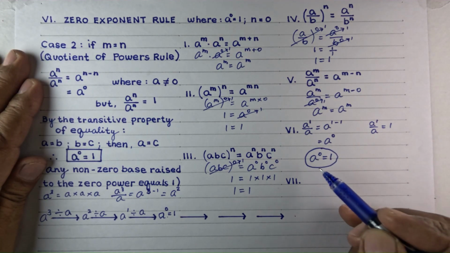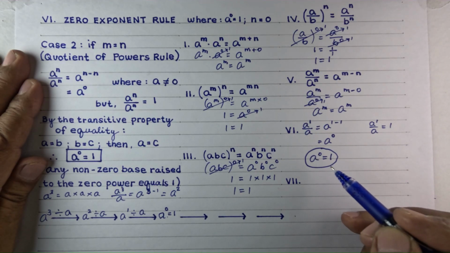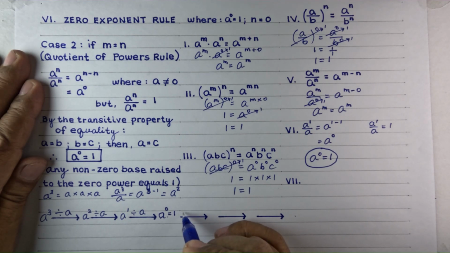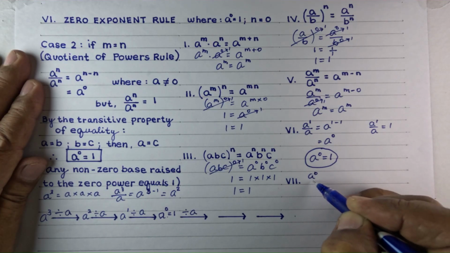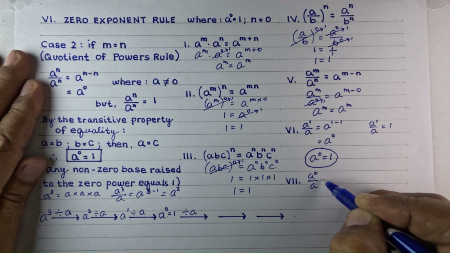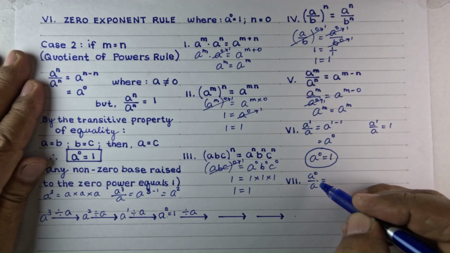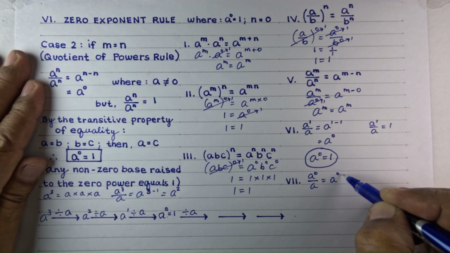Then later on, they ventured into an uncharted territory. Continuing with the pattern, they divided a to the 0 by its base a. So, dividing a to the 0 power by its base a, that's a to the 0 divided by a. Now, using the quotient of powers rule, this becomes a to the 0 minus 1.